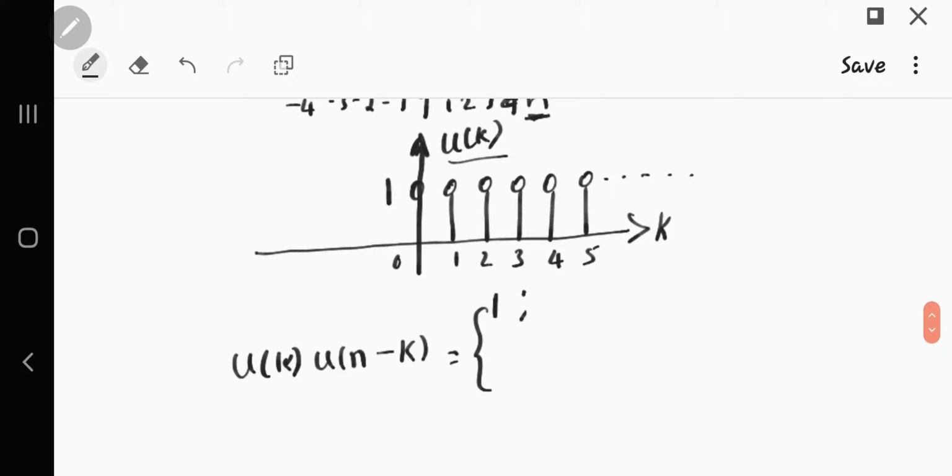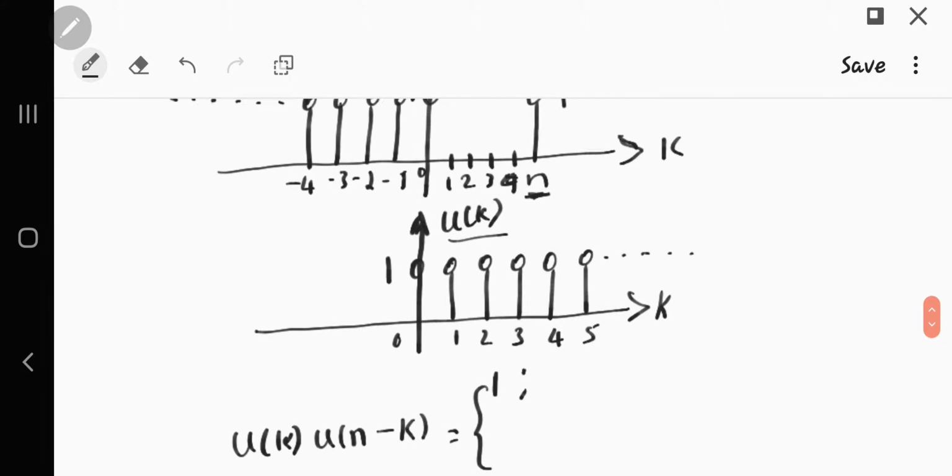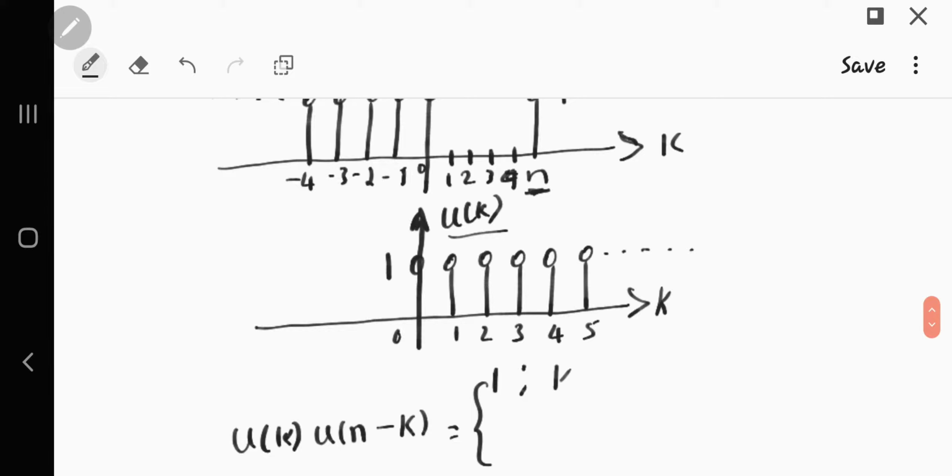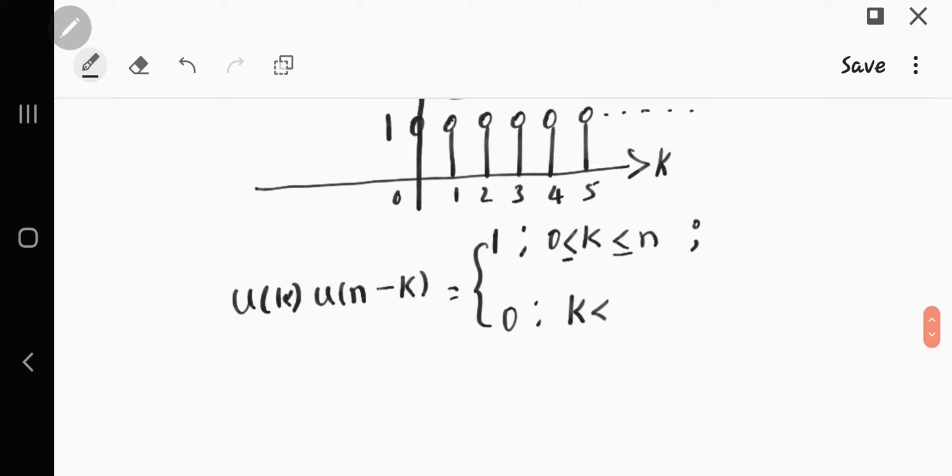U of n minus k into u of k will be 1 for values of k greater than or equal to 0, but less than or equal to n. So this is what the first says. The second one will be 0 for values of k which are less than 0. So this is the first part, expressing u of k and u of n minus k.